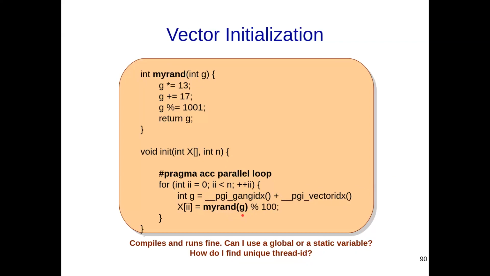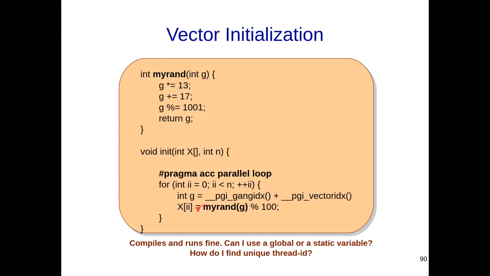But one small issue, I would say, in this case, is that I need to pass this as a parameter all the time. That is not a good programming practice. I would rather want this G to not be there, because for the rand function that we use in the C library, we don't really pass that parameter. The reason why we had to pass that parameter is because we wanted to provide some seed.